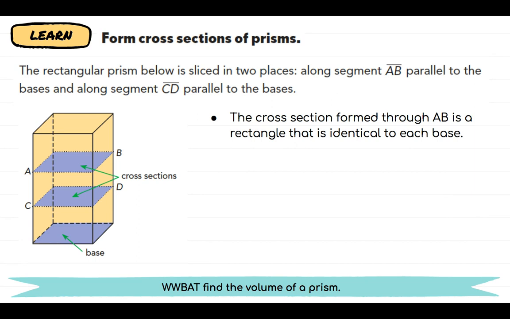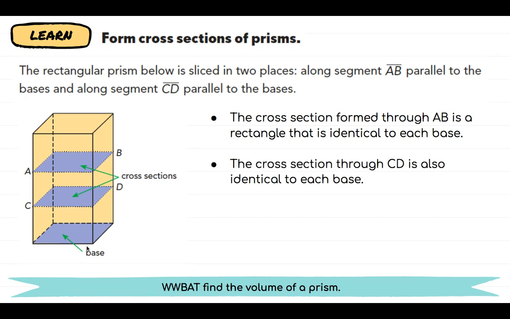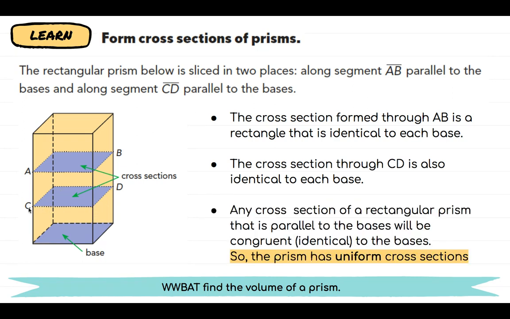Now, the cross section formed through AB is a rectangle that is identical, or looks exactly like the base. Same as the cross section through CD, which is also identical to the bases. Any cross section of a rectangular prism that is parallel to the bases will be congruent to the bases.